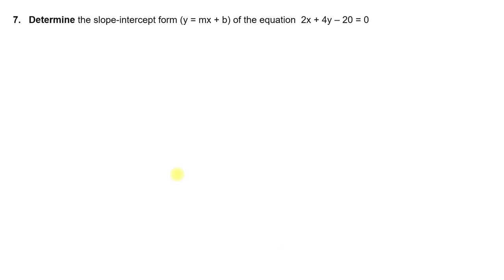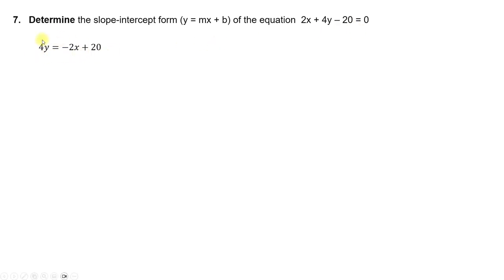Determine the slope intercept form of the equation 2x plus 4y minus 20 equals 0. Well, right now, it's not given to us in slope-intercept form. It's given to us in standard form. So we have to rearrange this a little bit. So 4y equals -2x plus 20.